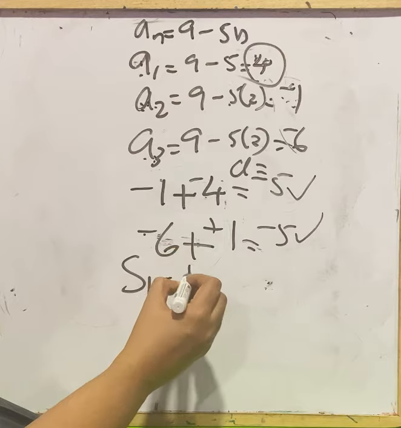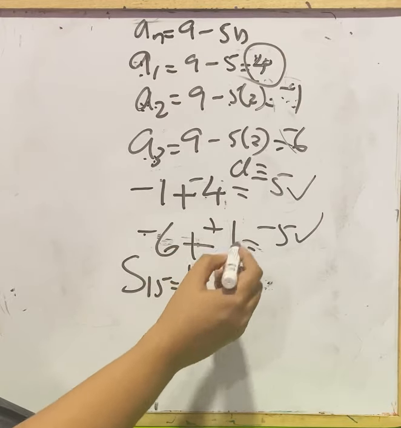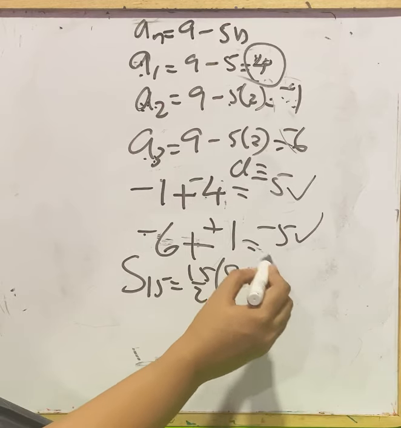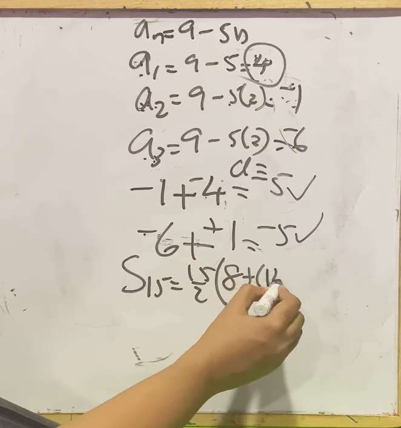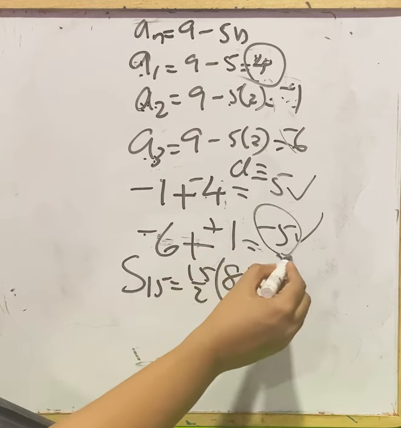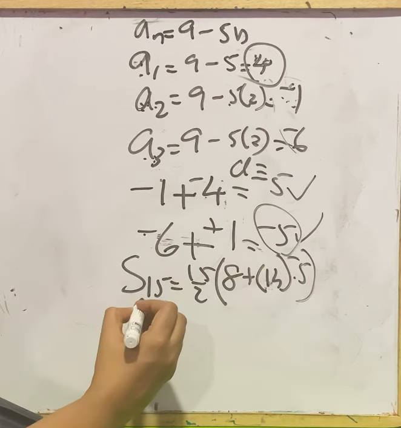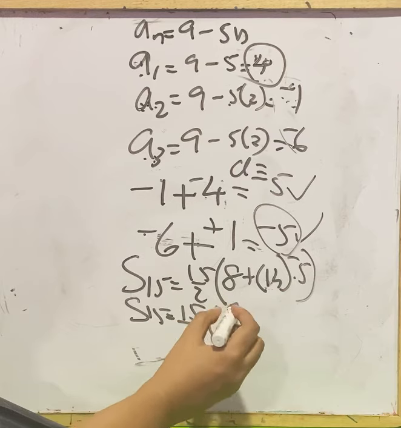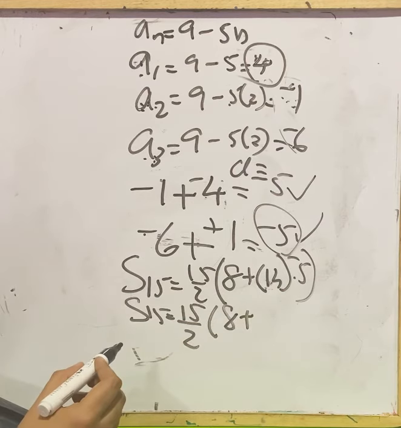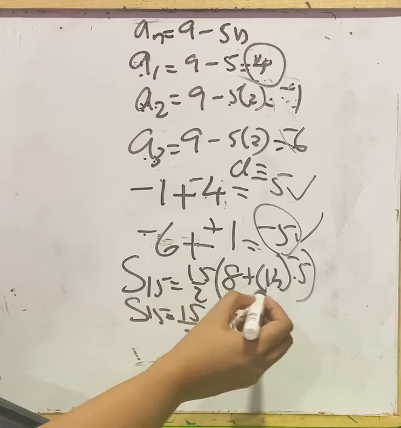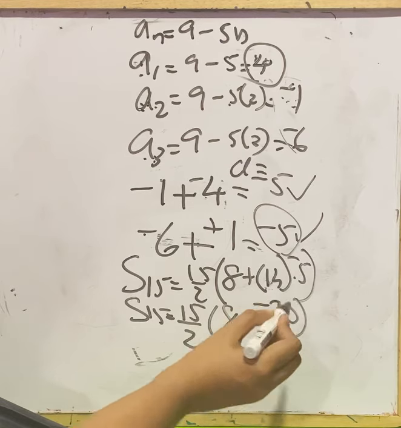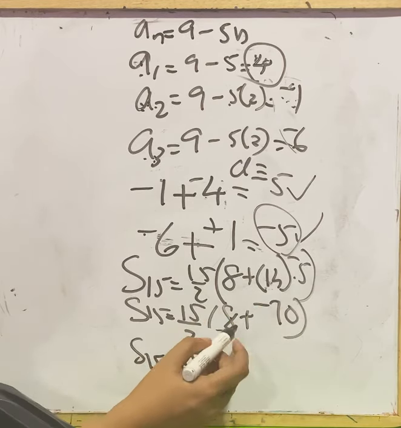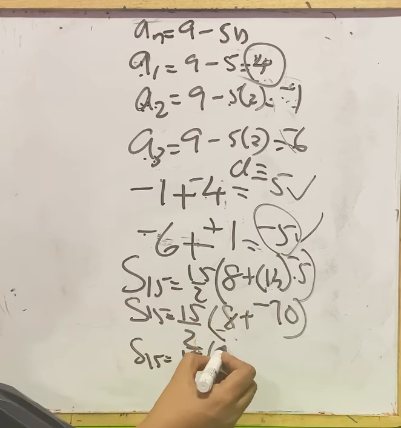That is 15 by 2 into 2A. 2 into 4, 8 plus n is 15 again. 15 minus 1 is 14 into D is negative 5. That is S15 equal to 15 by 2 into 8 plus 14 into negative 5. Negative 70. S15 equal to 15 by 2 is there outside the bracket. 8 plus minus 70.